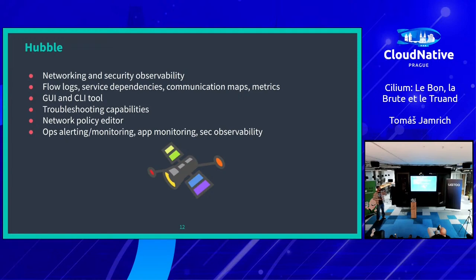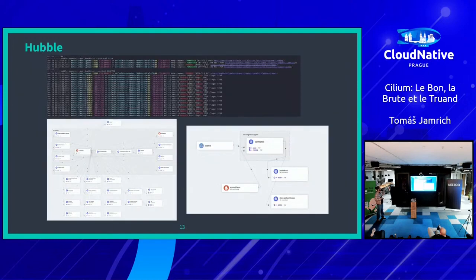You can not just observe, but you can even troubleshoot, visualize, and you can set up your network policies accordingly. And it has a GUI tool also. So that's a screenshot of how it looks.